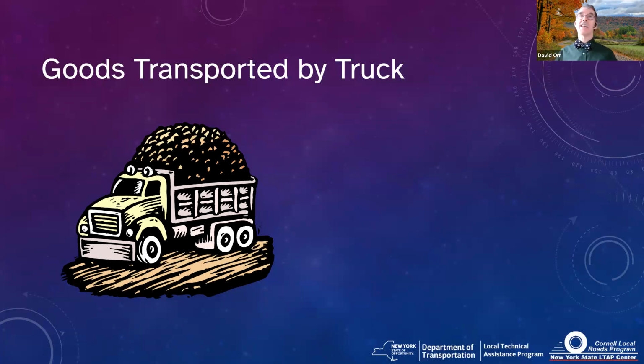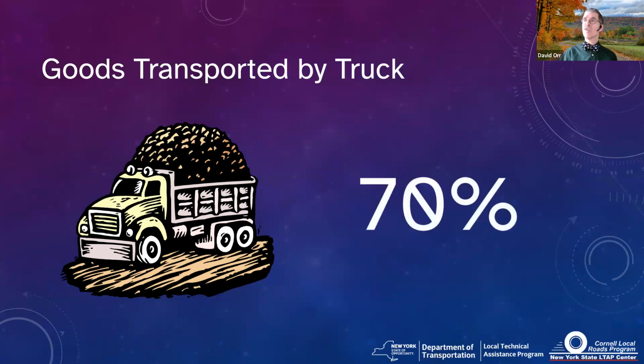Turns out, by the way, the answer is actually a little less than that. The actual answer is closer to 70% of goods transported by truck. One of the things we don't think about sometimes is the number of things that are transported by pipeline or water. A lot of goods by weight and by volume are transported via pipelines.